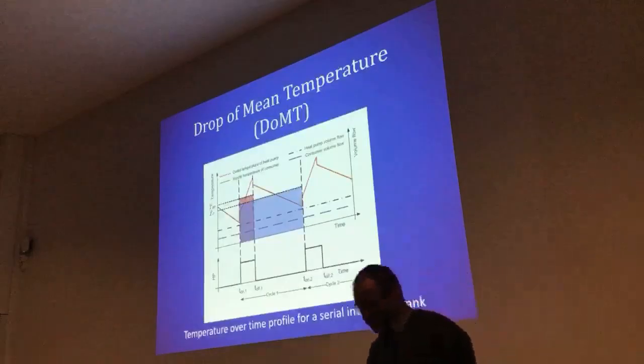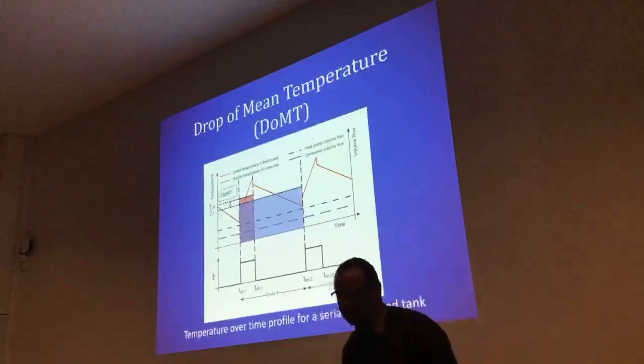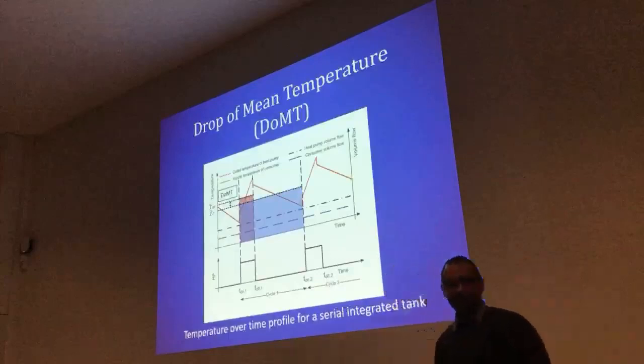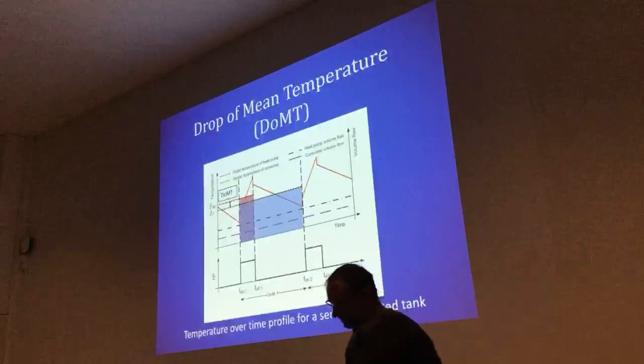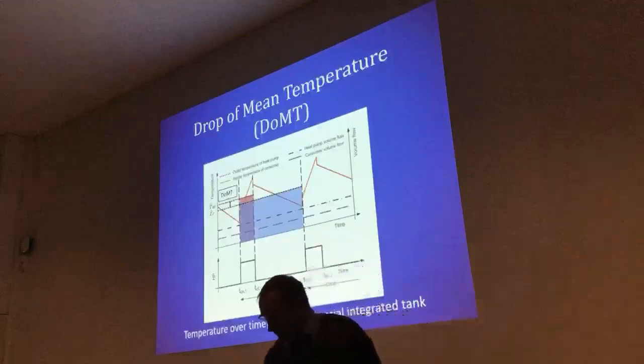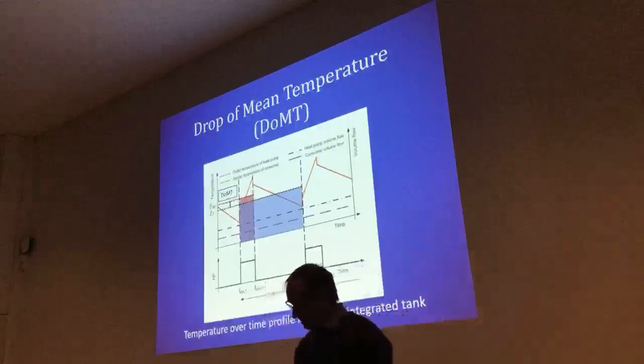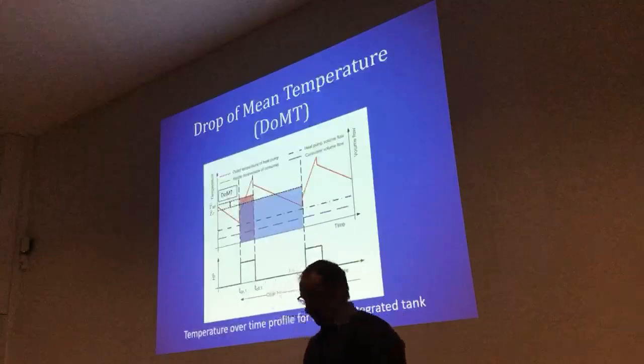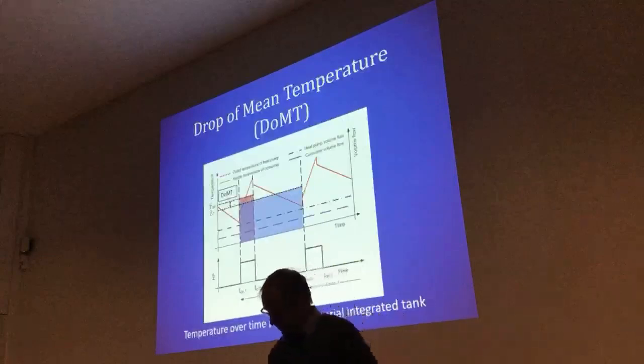And that temperature difference is named the drop of mean temperature. And that depends on many things. The study of this drop of mean temperature is a central concern of this research.